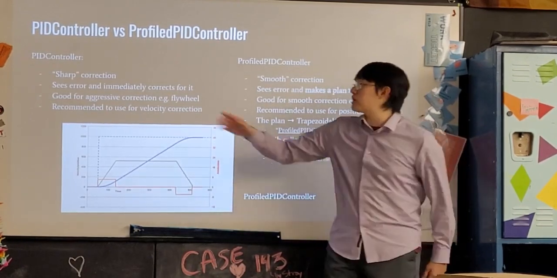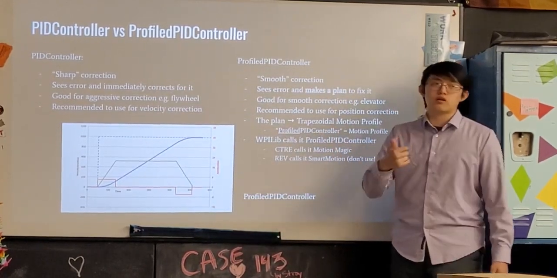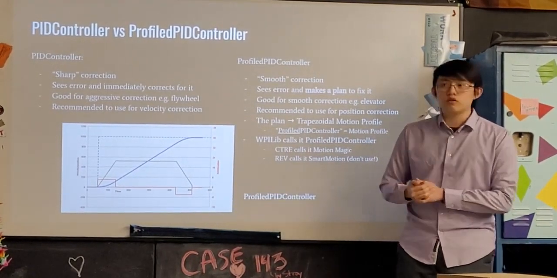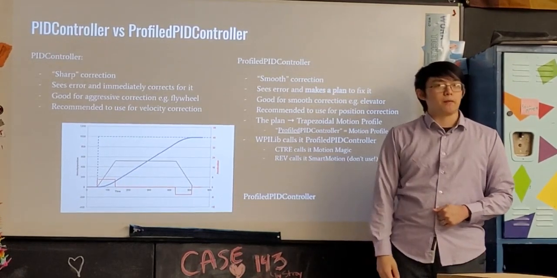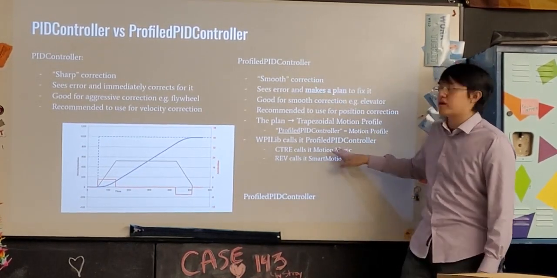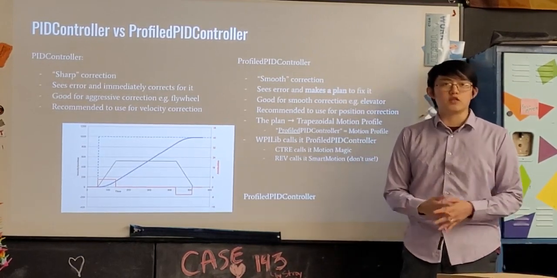That's what a normal PID controller is really good for. But with an elevator, you don't want to come crashing down or shooting up super fast to your set point. You want to make a smooth transition. And that's what a profiled PID controller is for. That's why it is recommended for position correction.